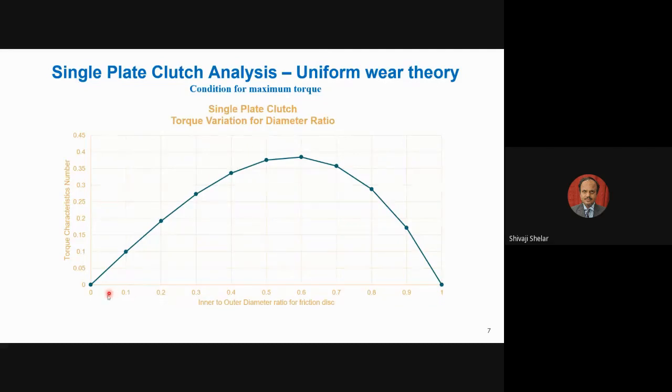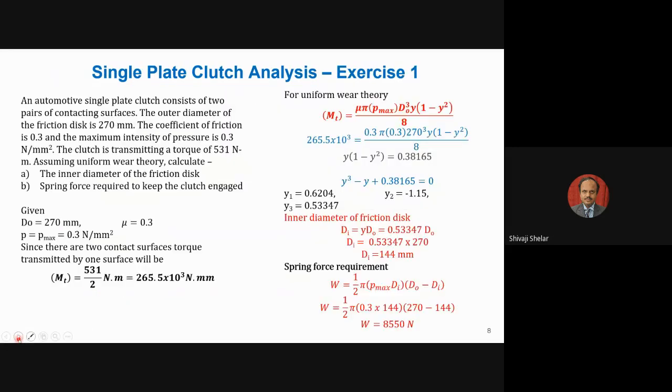So in this y factor the minimum value is 0, maximum value is 1. So your solution y2 equal to minus 1.15 is not acceptable. The sign of this value is minus, so it is not acceptable.